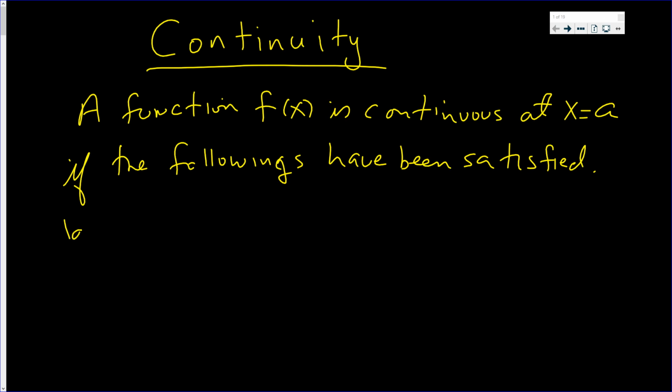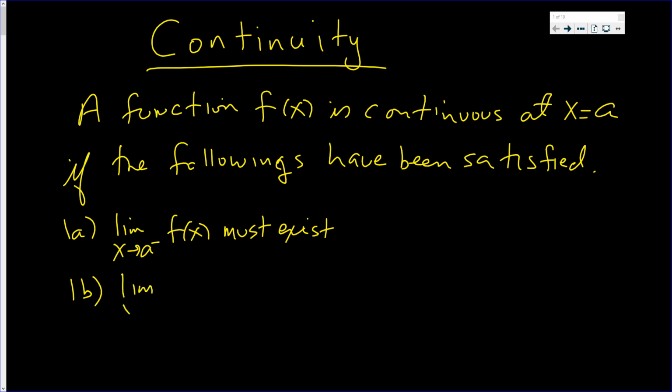The first one I'll call 1a. The limit as x goes to a from the left of f of x must exist. 1b. The limit as x goes to a plus of f of x must exist.